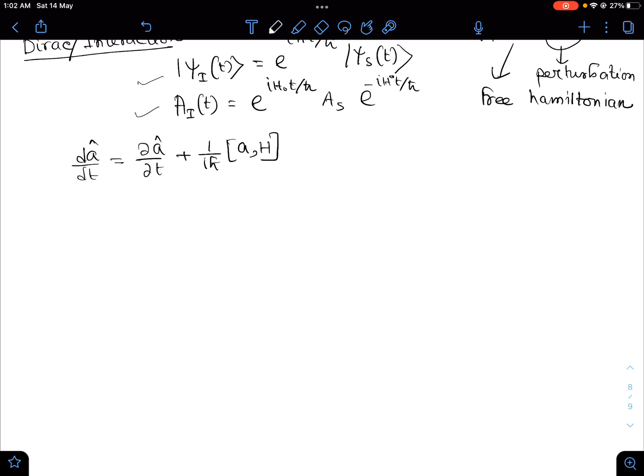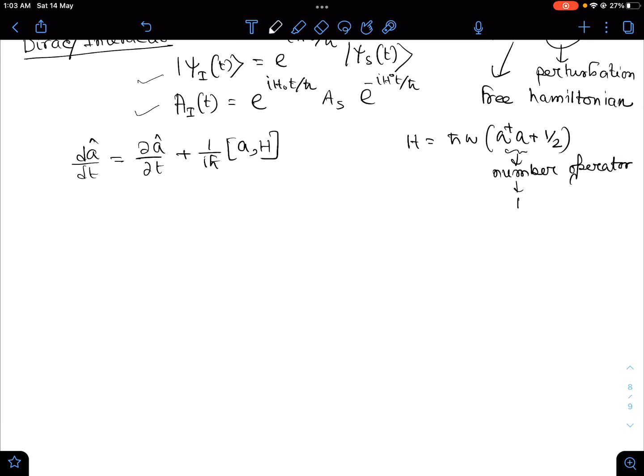Now we know that in the case of the harmonic oscillator we can write H as h cut omega A dagger A plus half, and this is our number operator. Why we call this the number operator, I have explained in one of my previous videos, so you can watch that. This is our number operator because if we apply this on any state, it will give us the value of that excited state, and the state will remain the same.